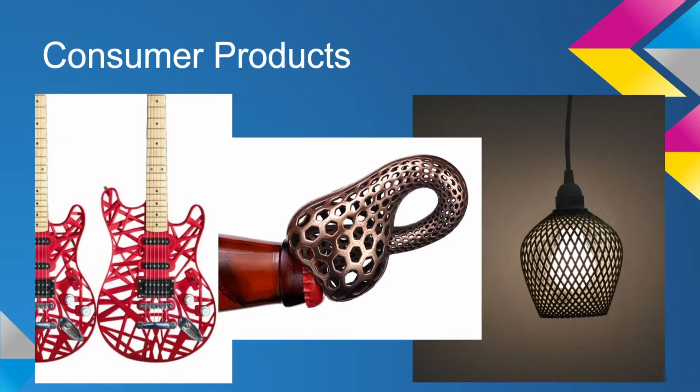You can also make consumer products, so you don't have to use them just for toys. You can use them for anything that people may want. All of these examples are actually produced on commercial machines. Got the guitar there, which is a really cool skeletonized instrument. We've got a lampshade, and the object in the middle is a Veroni bottle.